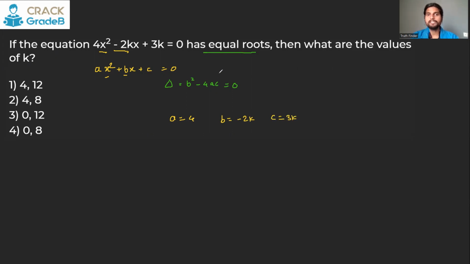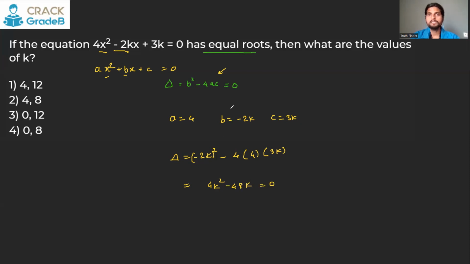So putting these values here, the discriminant becomes b square, that means minus 2k whole square, minus 4 into a into c. That is 4k square minus 4 into 4, 16, into 3, 48k.